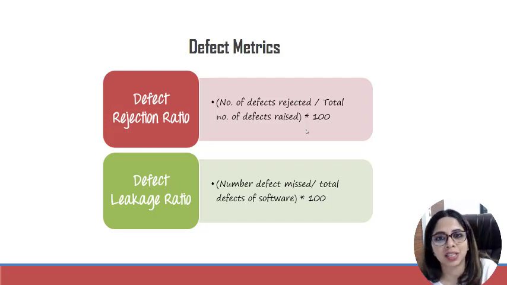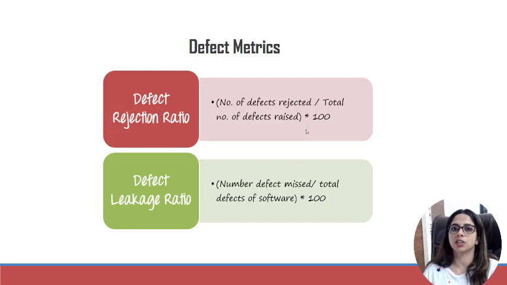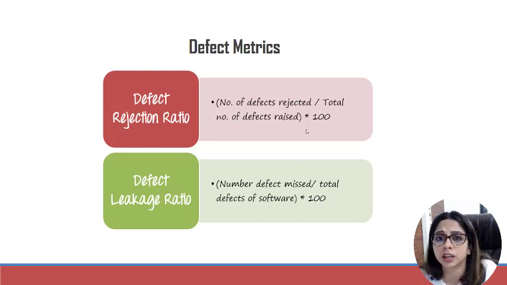You couldn't raise them. So defect leakage ratio means the number of defects you missed, let's say 40, divided by the total number of defects in the software, imagine 100, into 100. So 40% was the defect leakage ratio, which is very, very high. It's yet another metric which has to be 0 or minimum.